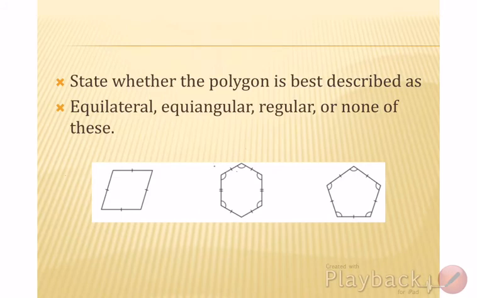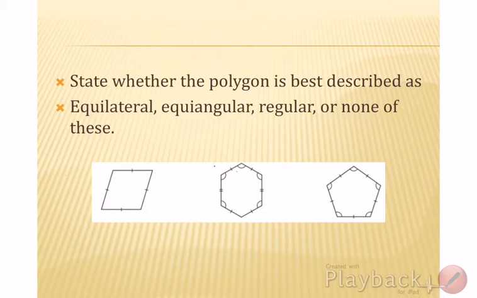State whether the polygon is best described as equilateral, equiangular, regular, or none of these. We can see the tick marks. That means that the first shape, the first polygon, has four congruent sides.